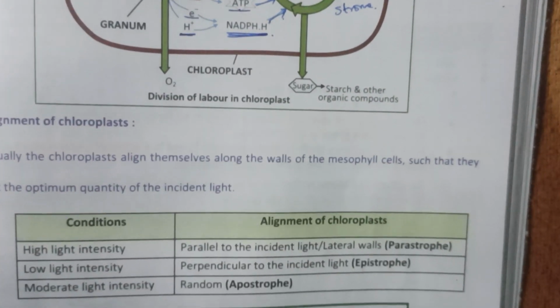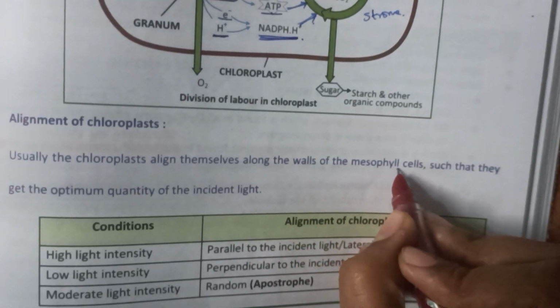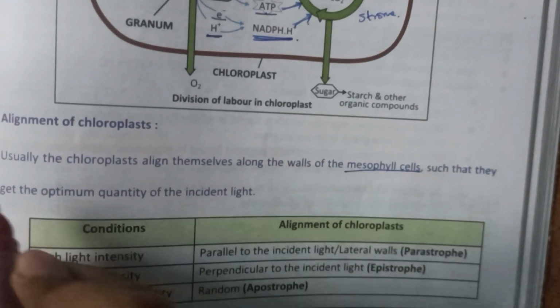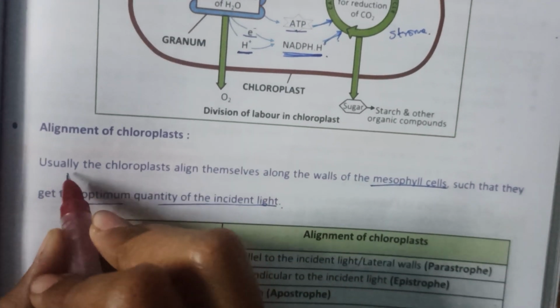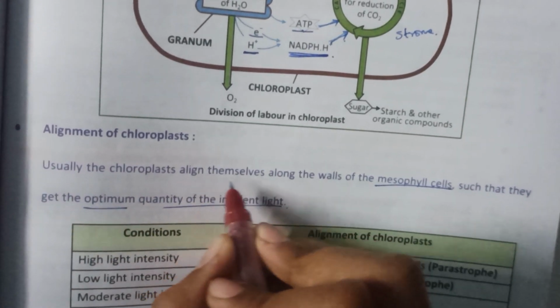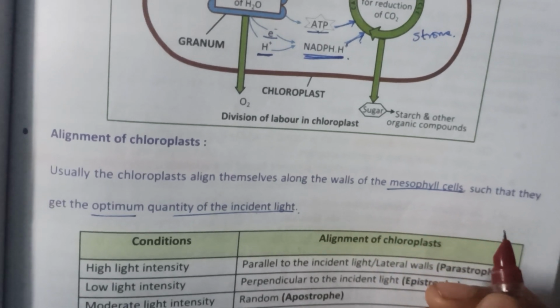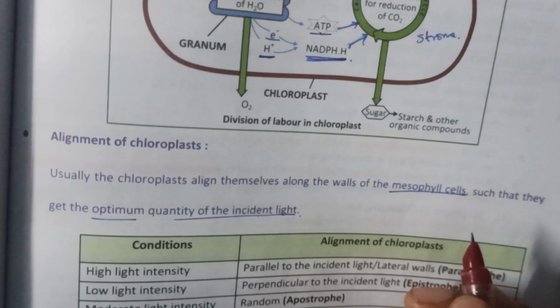Usually chloroplasts align themselves along the walls of the mesophyll cells such that they get the optimum quantity of incident light.